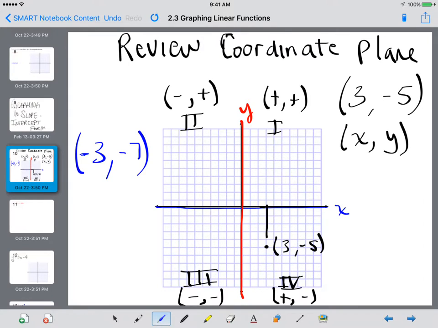Notice how both numbers are negative, so it should end up in quadrant 3. The x value is -3, the y value is -7, so I need to go over 3 and down 7. There's that point. So that's just a quick overview of our coordinate plane with our x and our y values.